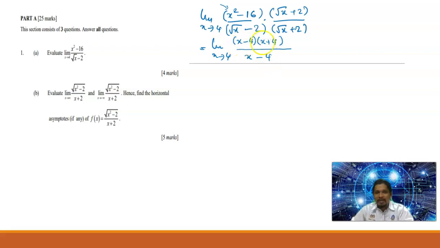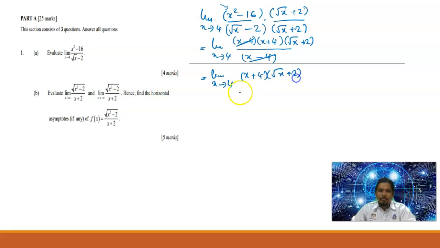Am I right? x times x, 4x, negative 4x equal to 0, then negative 4 times 4 equal to negative 16. Then we have square root of x plus 2. So, clearly between these two, x minus 4 divided by itself equal to 1. So, limit of x approaching 4, we have x plus 4 times square root of x plus 2.